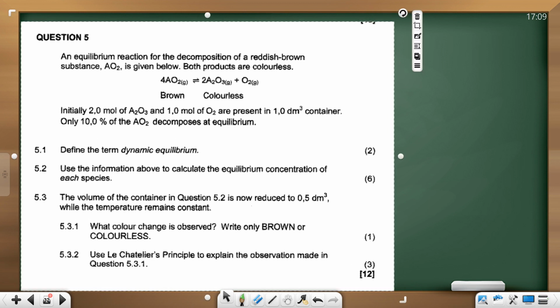Chemical equilibrium that has impurity. Find it and send it to me. Okay. All right. Don't worry, Lionel. I'll do your Free State. I'll do your KZN. Okay.